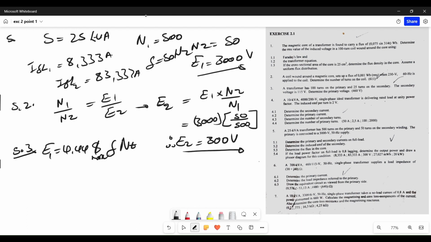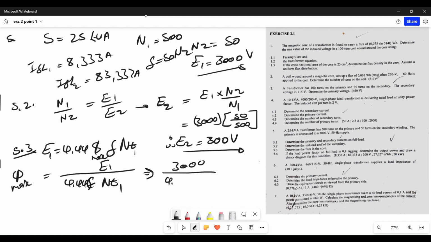So frequency, number of turns. Let's use E1. So the flux will be equal to E1 divided by 4.44 times frequency times number of turns, because this is E1, it must also be number of turns 1. So this is 3000 divided by 4.44, frequency is 50 Hz, and the number of turns N1 is 500.